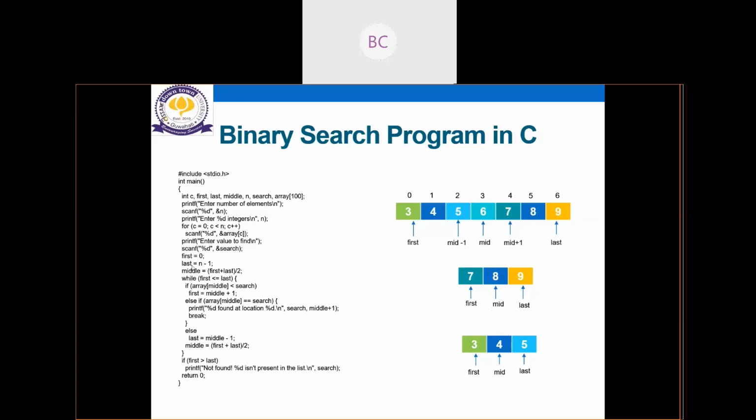Here we have initialized last equal to n minus 1. Therefore, in this subarray, your last value will be just mid minus 1. Okay, so in both subarrays, you will again perform the same operation if your mid value is not equal to the item you are looking for. See, in this subarray, suppose you are again looking for 7.